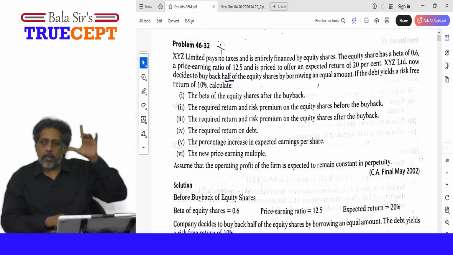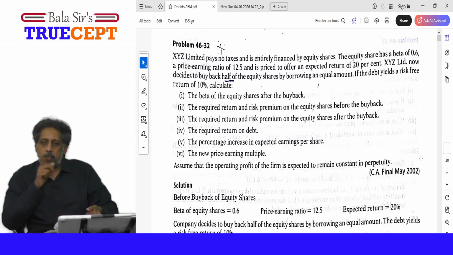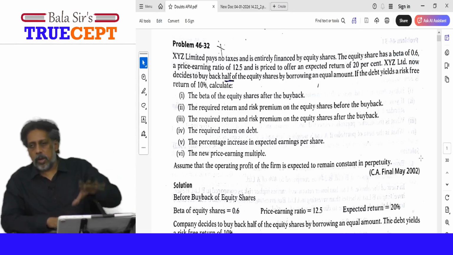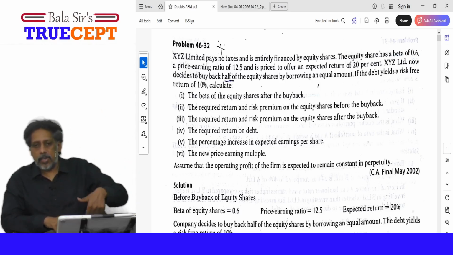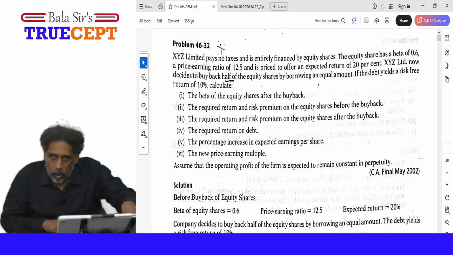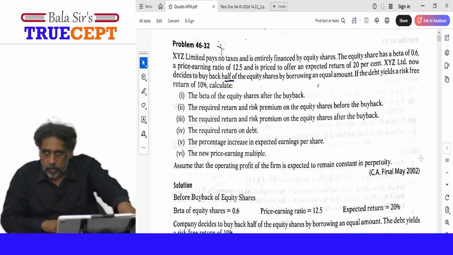That means after buyback, you will have rupees 50 worth of equity and the balance of 50 will be debt funds. Remember, the total assets in the business will not change. It's going to be rupees 100. Of that 100, 50 rupees will be funded by equity shareholders after buyback, and the balance rupees 50 will be debt funds that carry 10% rate of interest.